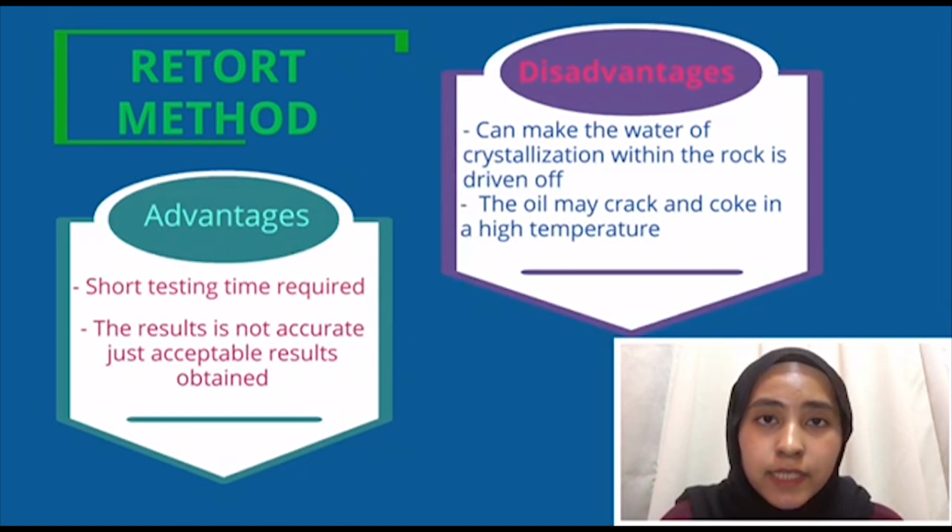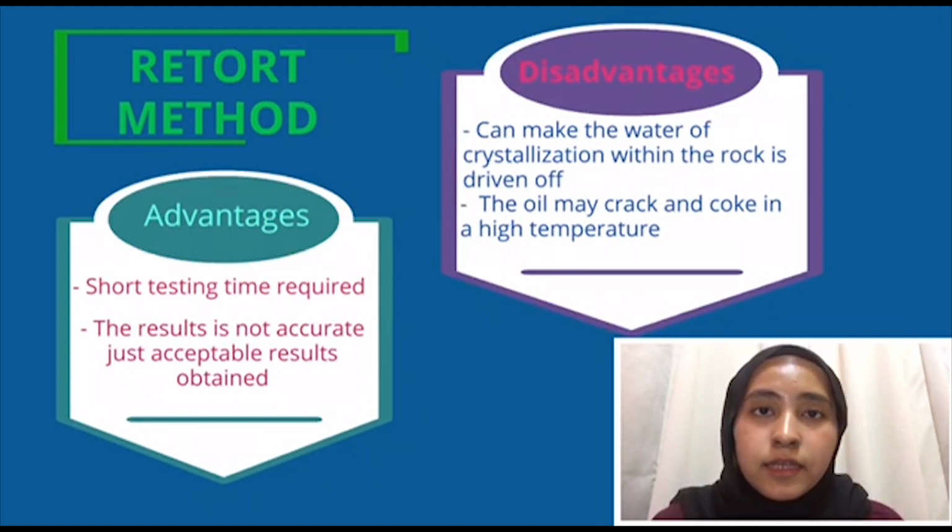And for the disadvantages, this process can make the water of crystallization within the rock driven off, causing the water recovery values to be greater than pore water, as this method requires high temperature, and the oil may crack at high temperature, causing the collected oil volume to not correspond to the volume of oil initially in the rock sample, as it can decrease the liquid volume, and it also can coat the internal walls of the rock sample itself.